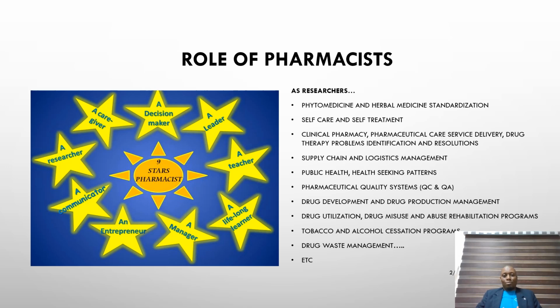They also take a leading role in pharmaceutical quality systems, both in quality control and quality assurance. Pharmacists have a role in drug development and drug production management, as well as in drug utilization, drug misuse, and abuse rehabilitation programs. Pharmacists in the community have a relevant role in tobacco and alcohol cessation programs.